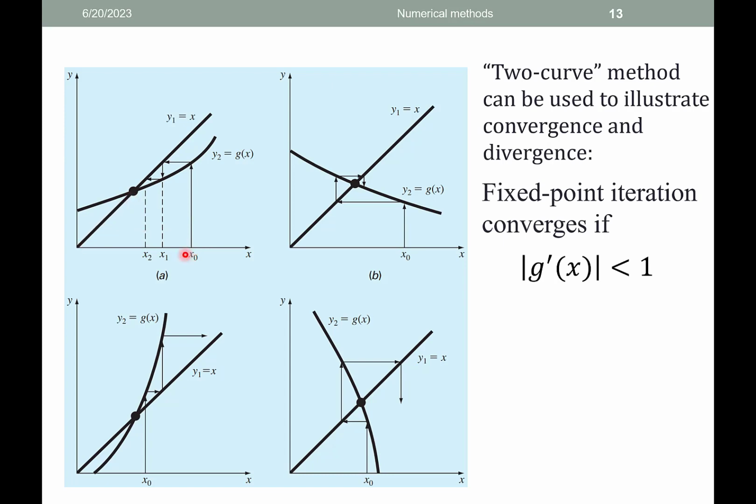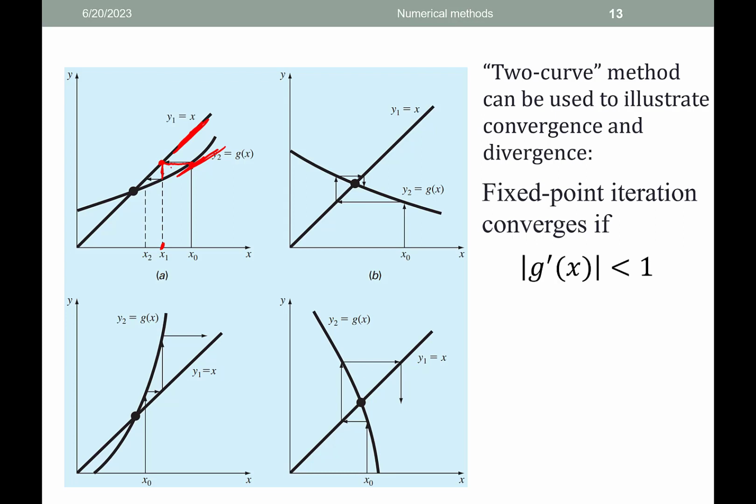So here we have an initial point x0, and a point here on the y. We can see that the slope at this point is less than 1, because the slope is 1 when y equals x. If I'm looking at this point versus this point, the slope here is 1, and the slope here is slightly less than 1. So this method will guess that this is the next guess for the root.